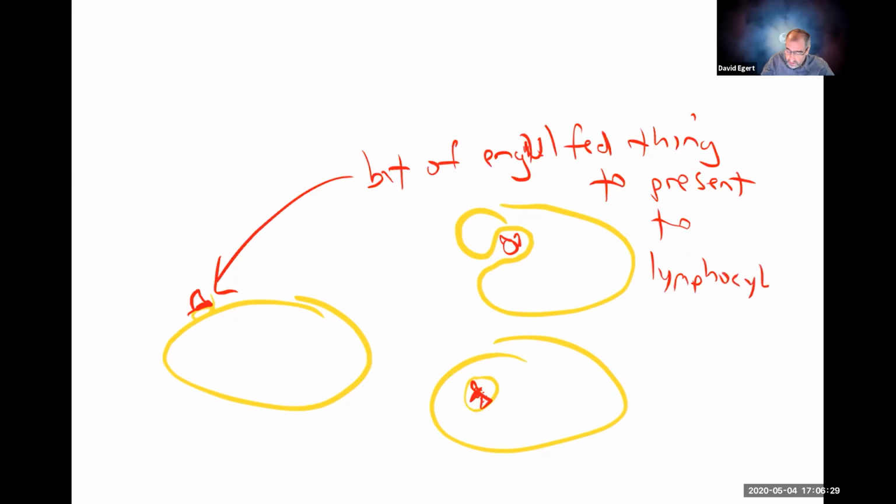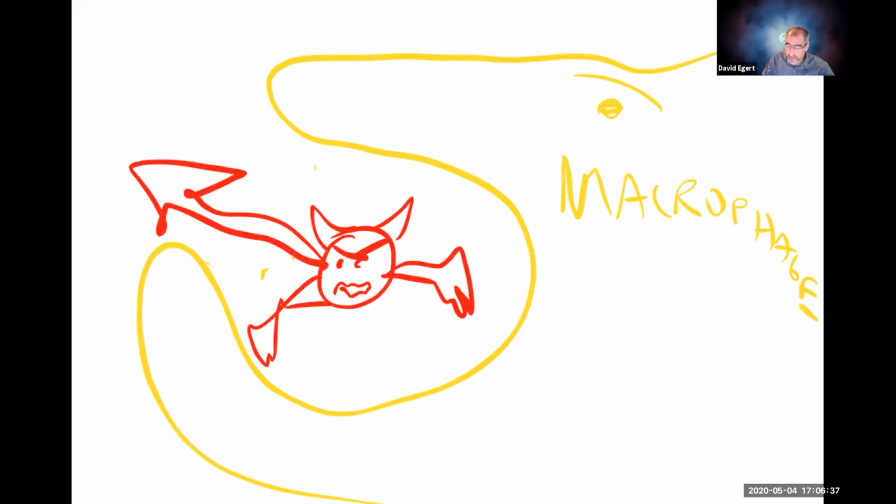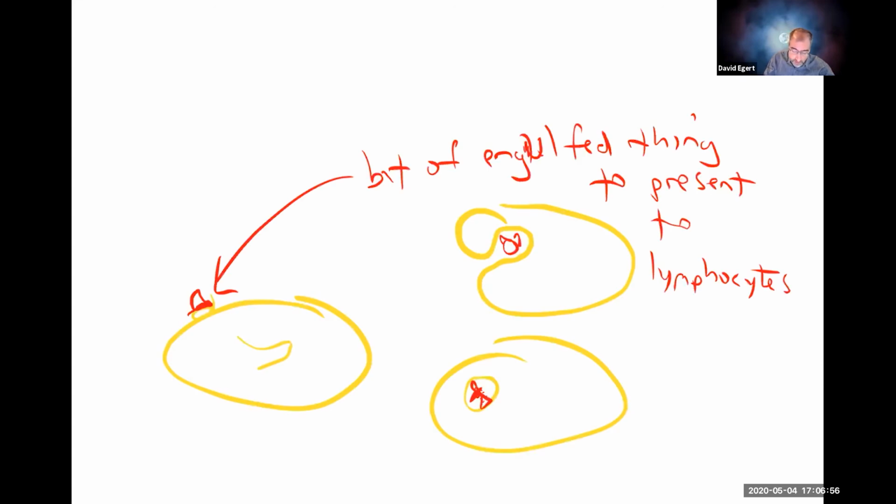So going back over here, this macrophage comes in, eats this thing. Maybe it just regurgitates one little specific, easy to recognize part of this thing that it ate. Now it can go along and say, here's a little distinguishing, recognizable part of this pathogen that I just ate.